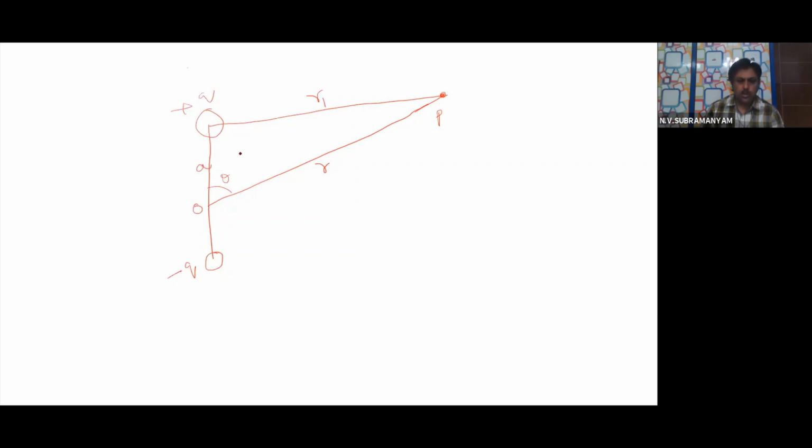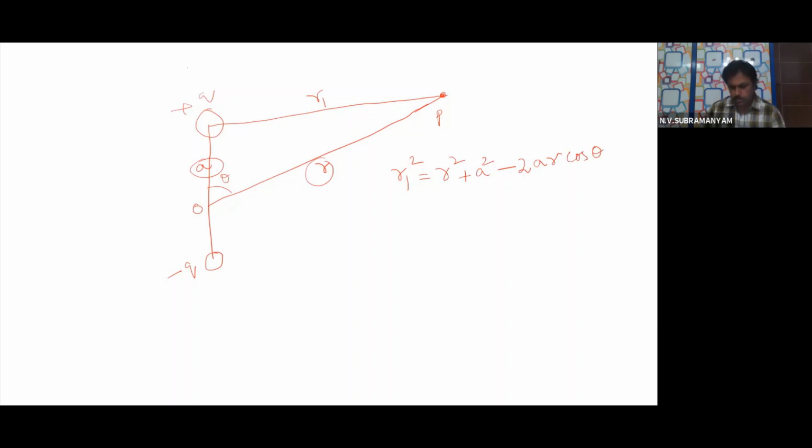Can you apply the rule that I taught you? Now for theta, this is opposite. That means opposite R1 square is equal to the remaining two sides, one is R, one is A. So R square plus A square minus 2AR cos theta.